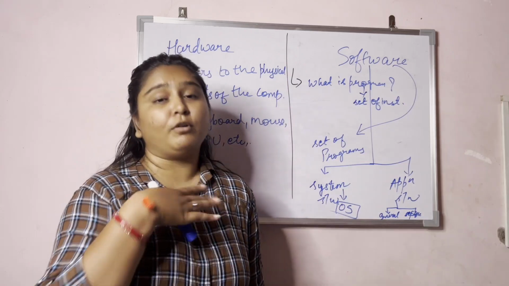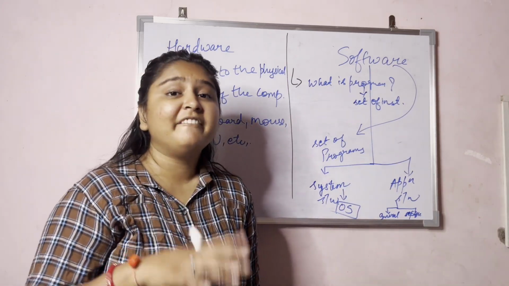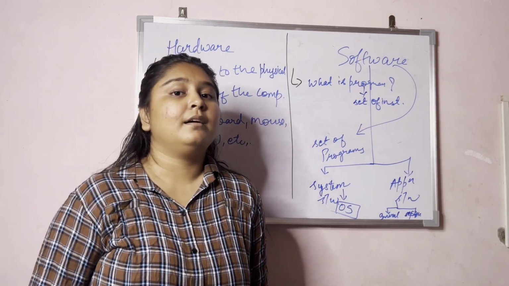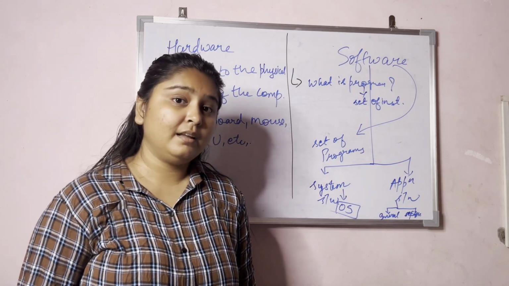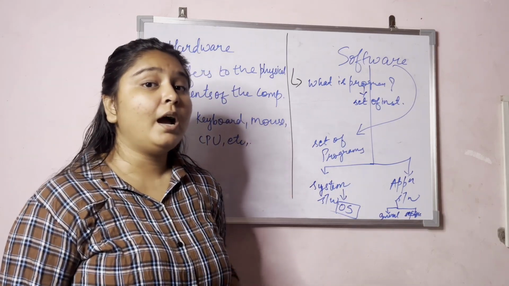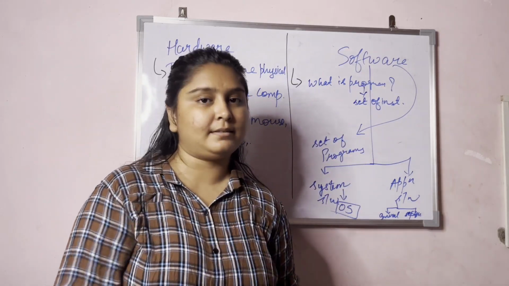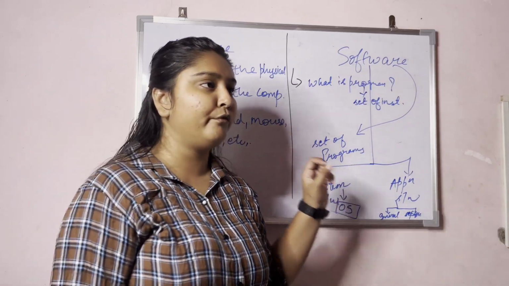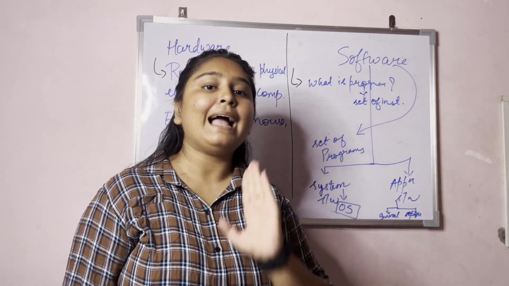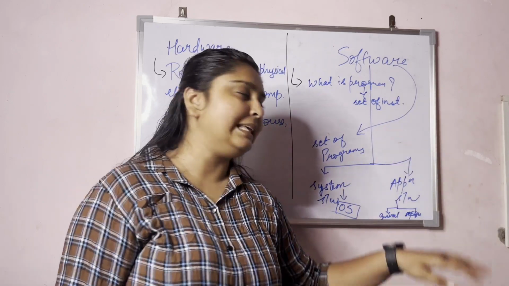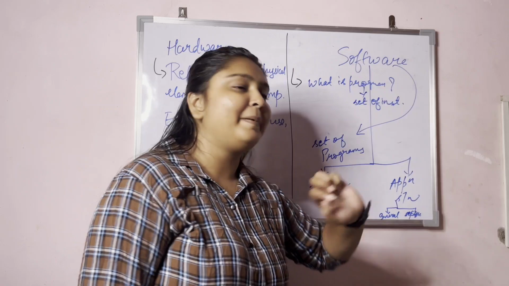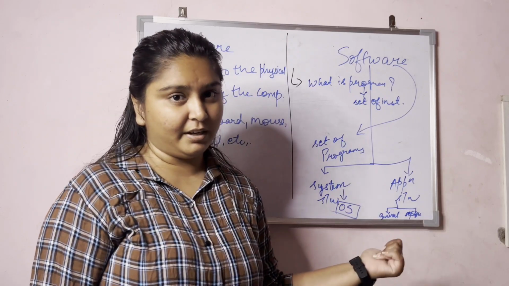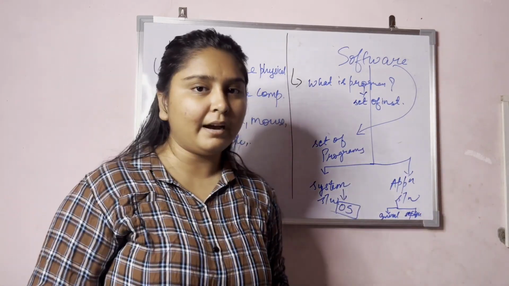Because there are some applications which are made up of so many different sorts of things and can be used in many ways, and there are some applications which are based upon a particular task. An application can do only that task. The applications which are focused and specialized on something are considered under the specific or specialized application software. And the other one is general, wherein more than one different task is covered.